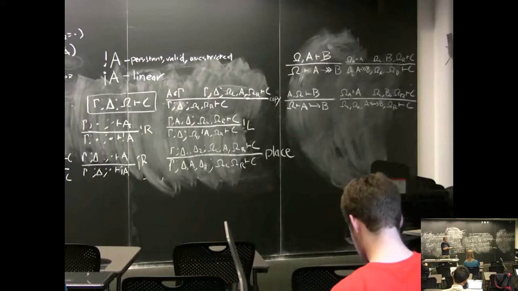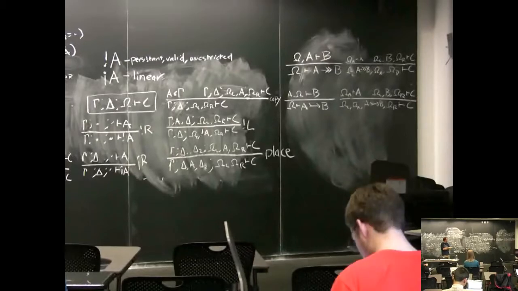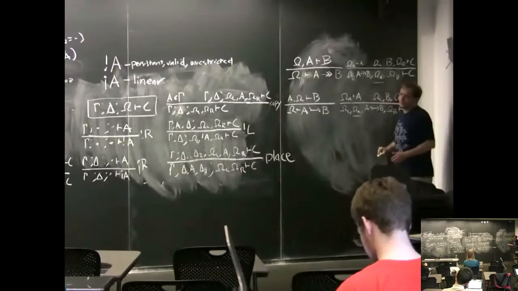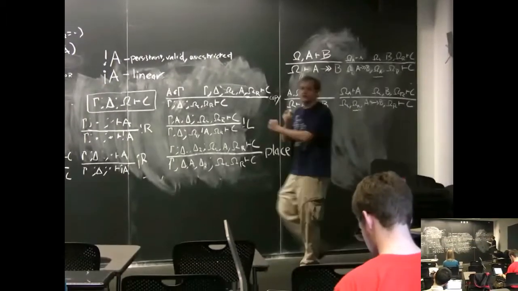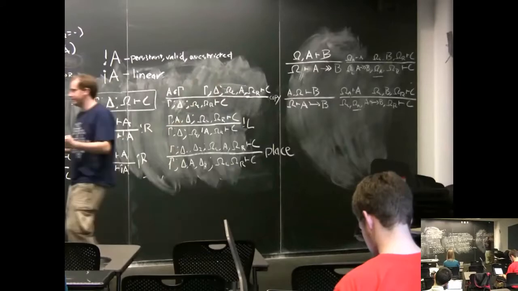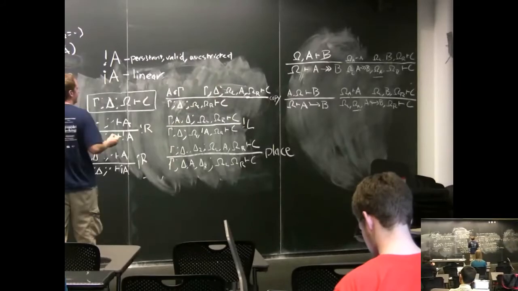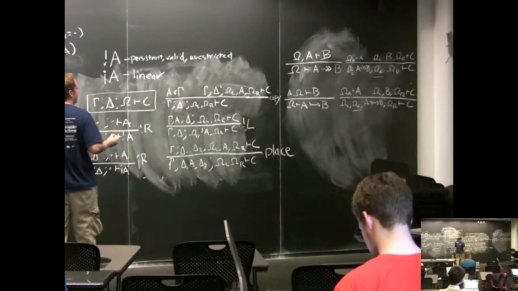The question, sorry, I should have repeated it, was both of these right rules require the subcontext that's used to prove the premise, omega A, to be right next to the thing in the proposition that we're dealing with.